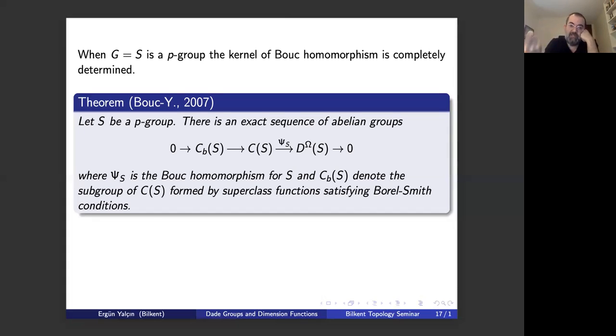These superclass functions satisfy the Borel-Smith conditions. These are the conditions found by Borel. It's actually a list of conditions; I will give it in the next slide. These conditions form a subgroup of all class functions. And this subgroup, the topological, geometric one coming from group actions, turns out to be exactly the kernel of this map.